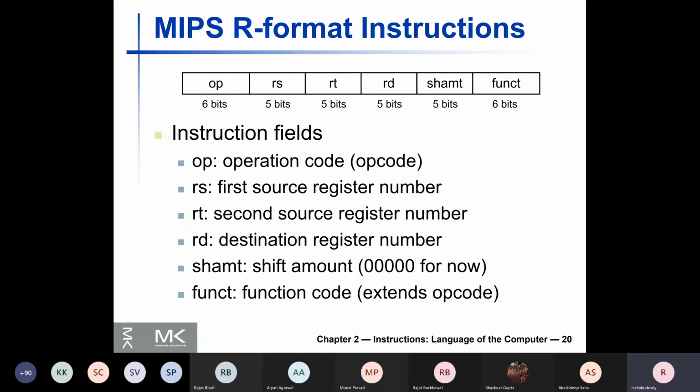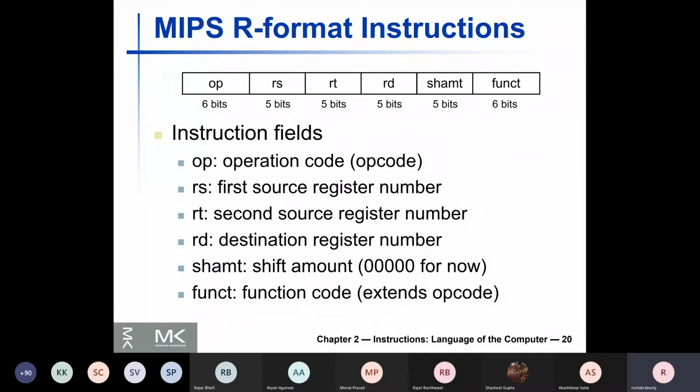The third 5 bits denote the destination register, RD. Then the next 5 bits denote something called shift amount. Shift amount is a quantity that is relevant only for instructions which perform right shift or left shift. This is not relevant for other types of instructions.